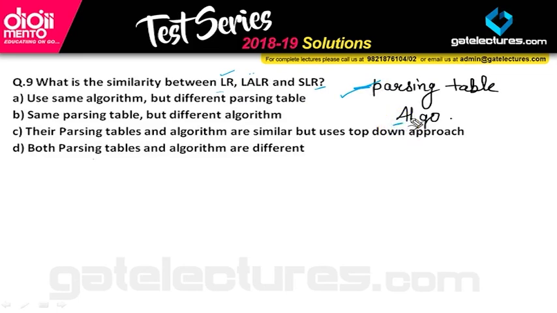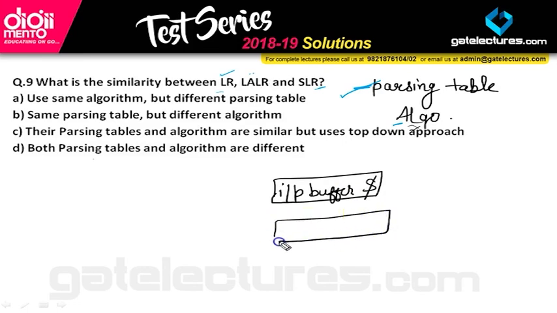Always remember, all the parsers use the same algorithm, and I will give you an example here. Let's say they have some input buffer, which is marked by the dollar ending. Then they have the parser.